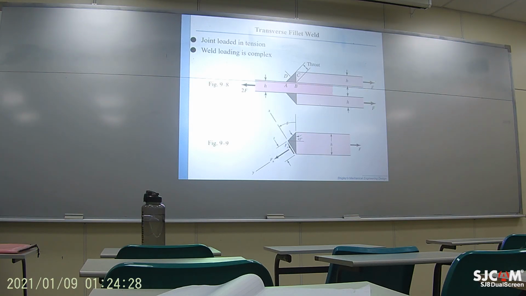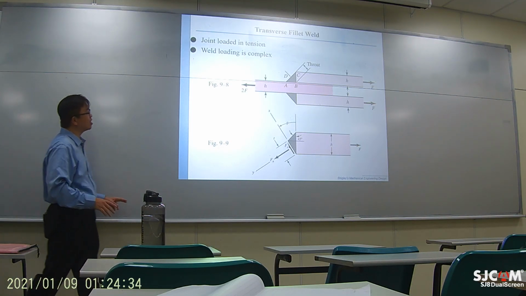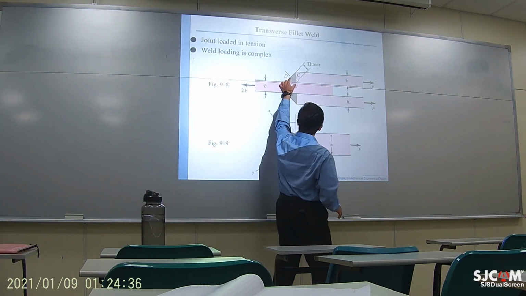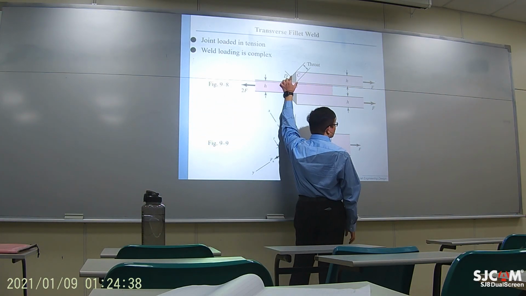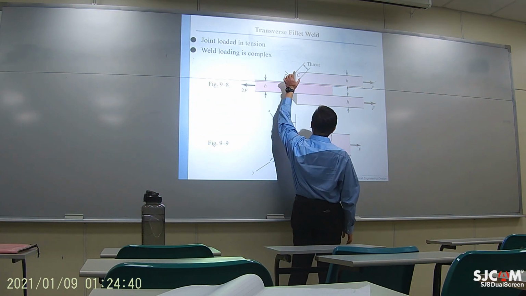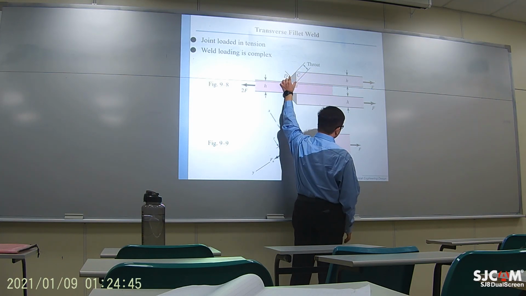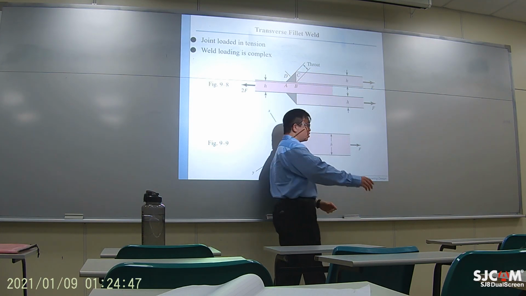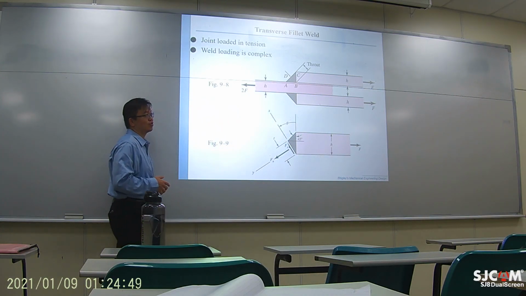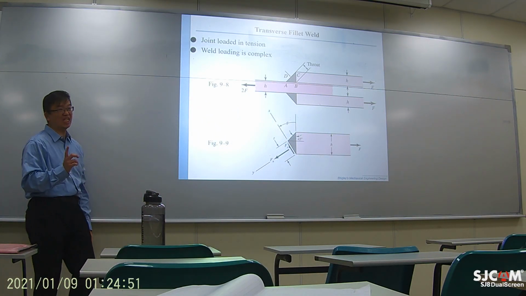And how about the triangular shape in the cross section? Just like what I said, you need to use the throat to measure the area. So use this throat multiplying the total length. That will be the stress area of this weld. Okay? So that would be the key.